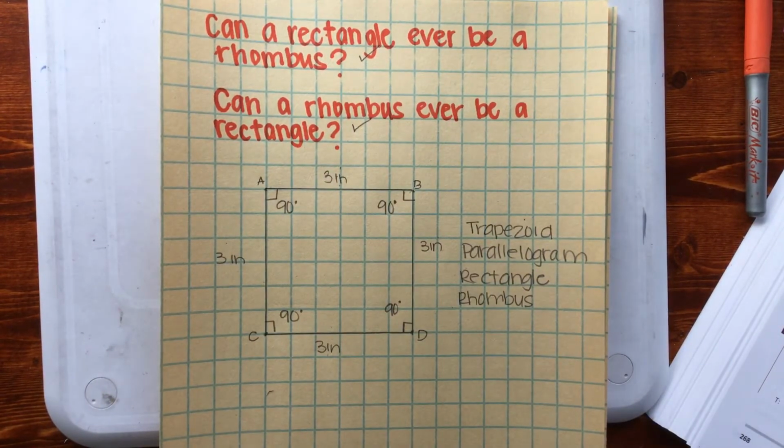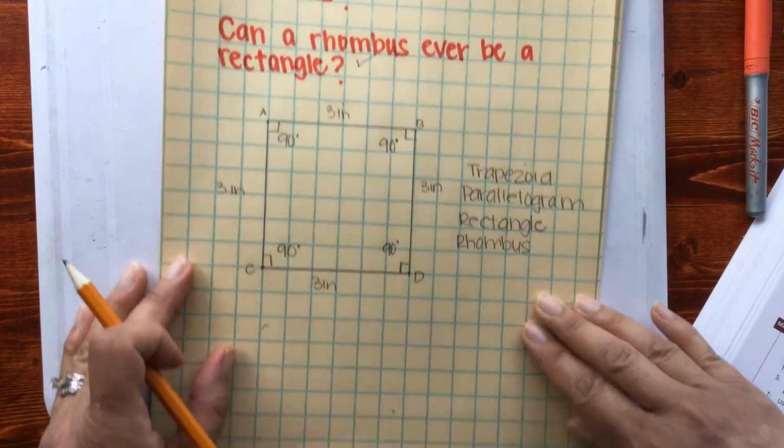Okay, so if we want to think about the attributes of a square, let's go ahead and list those.